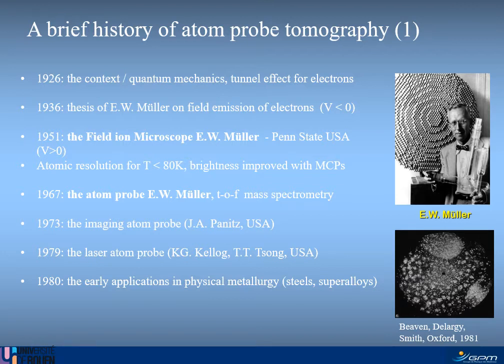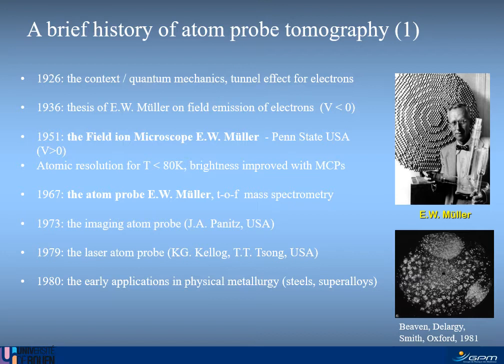So he invented the field ion microscope in the 50s, and with this microscope atomic resolution was reached for the first time, for a temperature of the specimen less than 80 Kelvin, to decrease the thermal excitation. Afterwards, the brightness of images was improved using micro channel plates, MCP, which are an electron amplifier.